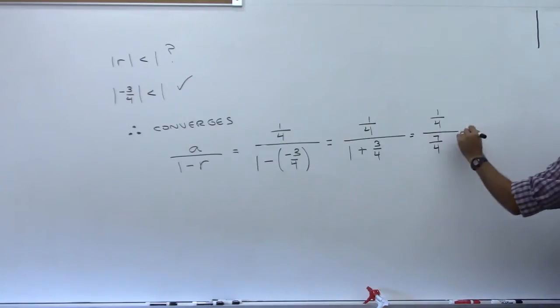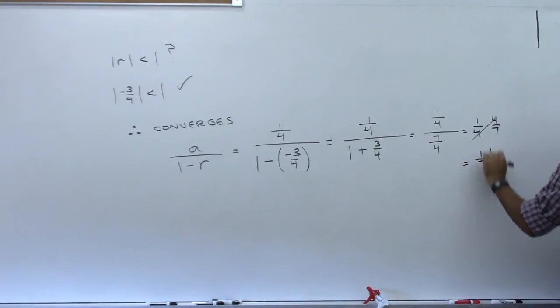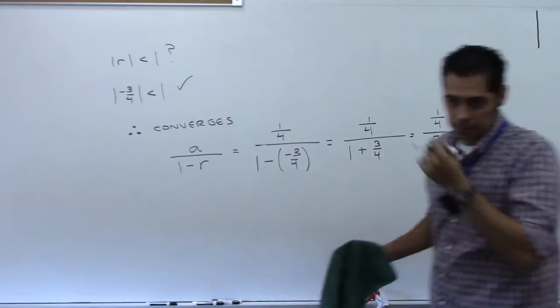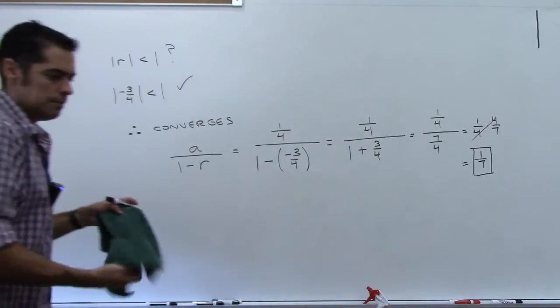And if you flip, this is 1/4 times 4/7, and you get 1/7. Okay, good.